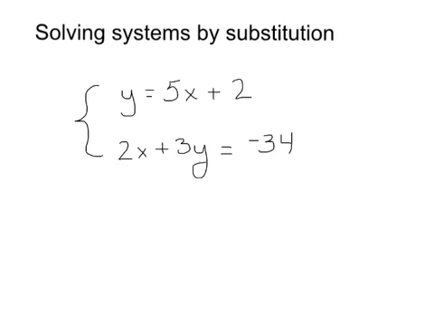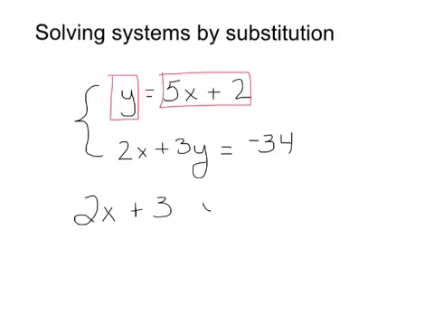Instead of rearranging an equation, you're actually going to solve for something. The key part with substitution is to realize the statement that y is equal to 5x plus 2. These are the same exact thing because of this equal sign. So what that tells me is I can do the 2x plus 3y is equal to negative 34.